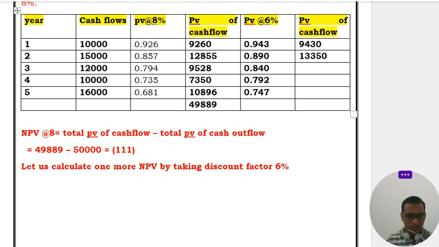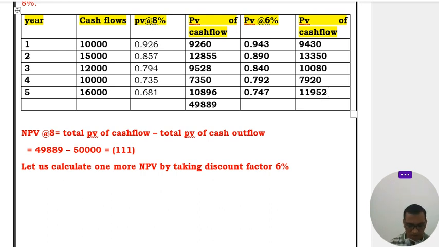Third year how much? 12,000 multiplied by PV at 6%, 0.840, equals 10,080. Fourth year, 10,000 into 0.792, that is 7,920. Fifth year, 16,000 multiplied by 0.747, that is 11,952.